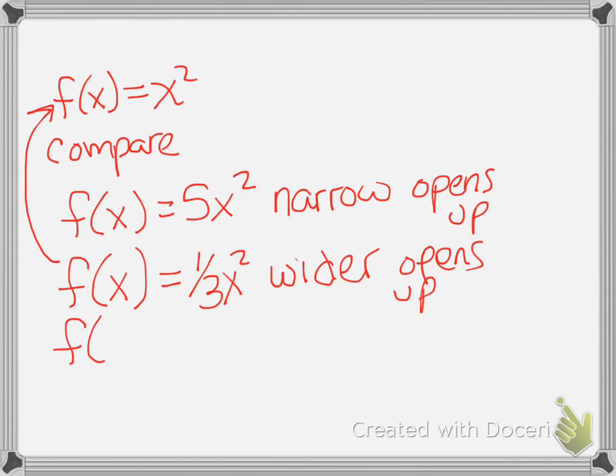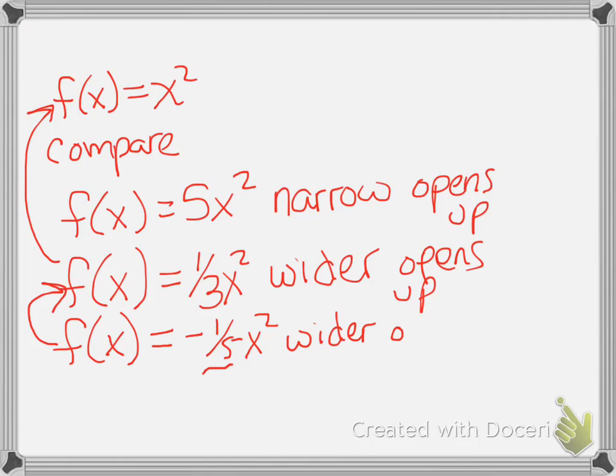If I said f of x equals -1/5 x squared, and I asked you then to compare it to this one. Well, this fraction is smaller than 1/3 and it's negative, so it even gets wider yet and it opens down.